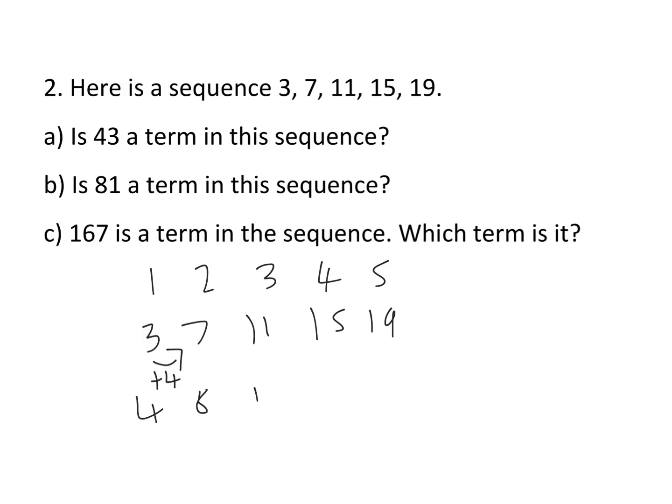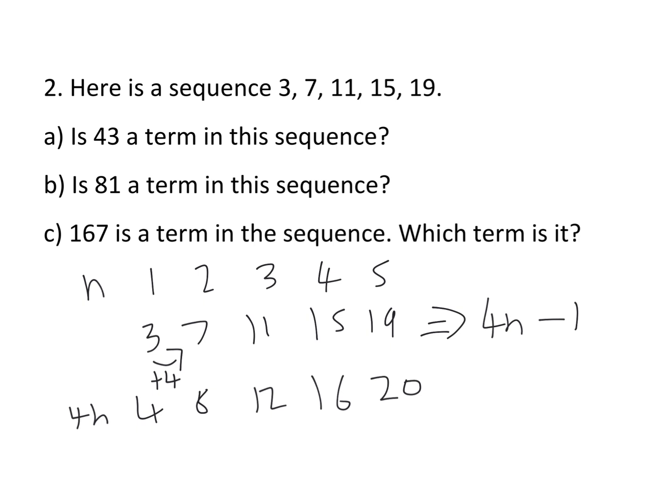They are 4, 8, 12, 16, and 20. Now, if the term number is n, the 4 times tables, the multiples of 4, would be 4n, which means this sequence is 4n, but is it bigger or smaller? It's 1 smaller than the 4 times tables. It's the 4 times tables, take away 1.